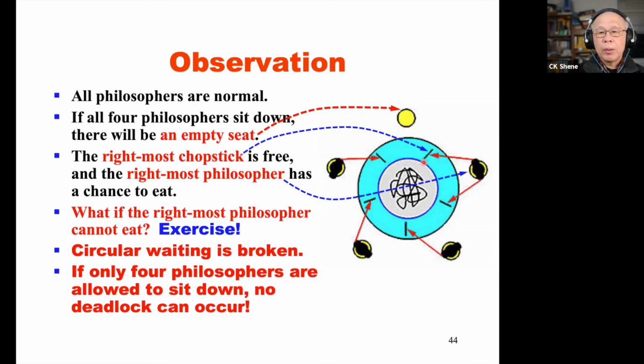Let me quickly go through it. If this seat is free, nobody would use this one and this one. So this one can be used by this philosopher, which is usual, because this philosopher picks up this chopstick as his left. And now, because this philosopher is also free, the philosopher here is not allowed to sit down.